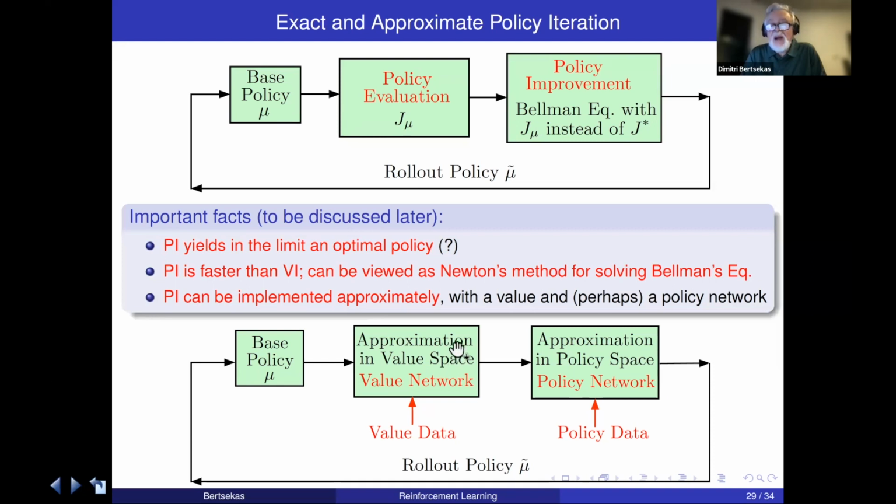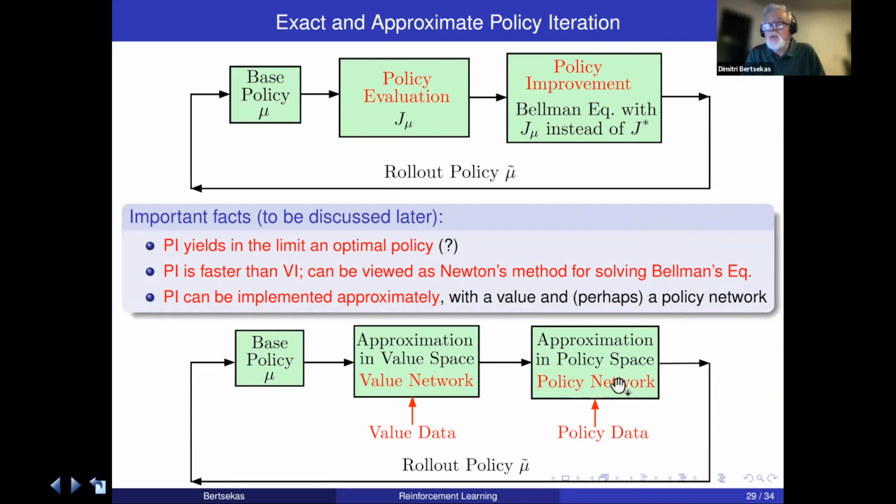Now, once you have an approximate value function, an approximate evaluation of J mu, then you can do a policy improvement, and then an approximation in policy space by using a policy network.